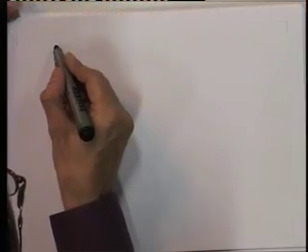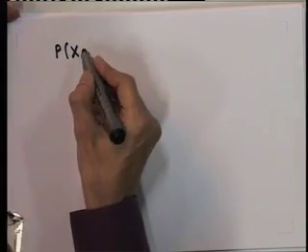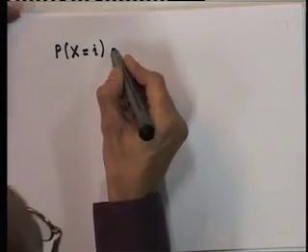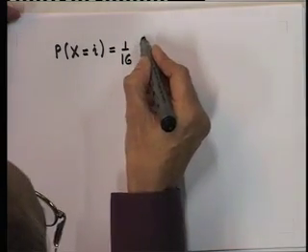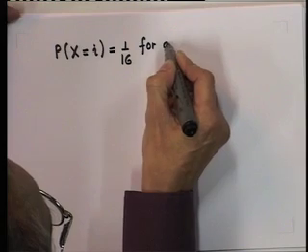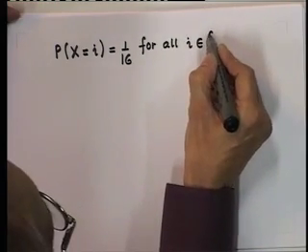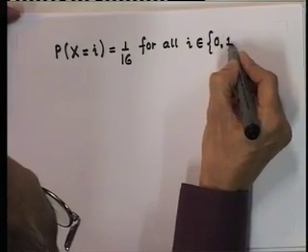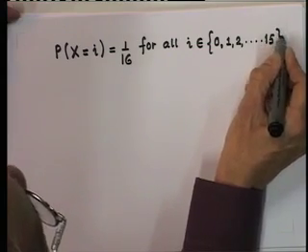Now, as the source outputs are all equally likely, probability of x equal to i is equal to 1 by 16 for all i belonging to the set 0, 1, 2 up to 15.